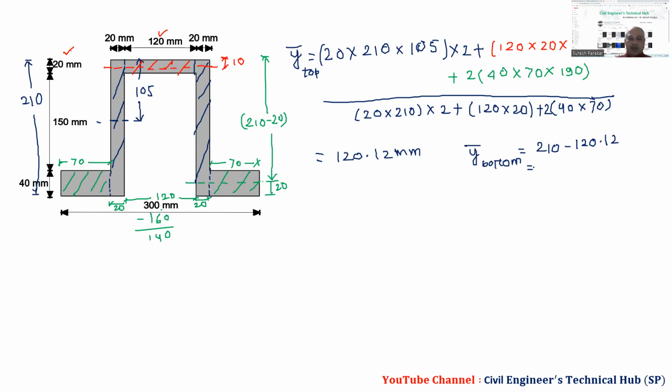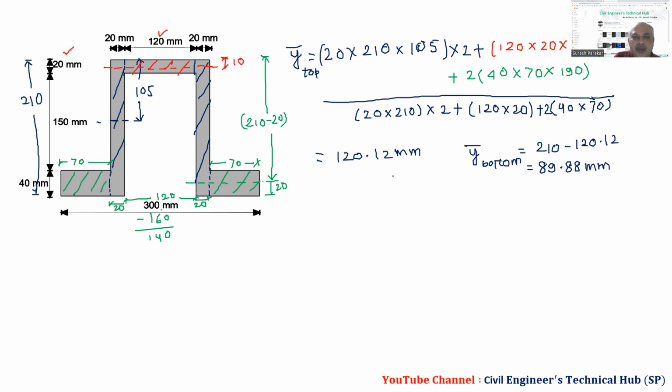I have actually not calculated this: 210 minus 120.12 is 89.88 millimeters. So those who have calculated from bottom, they can check it.